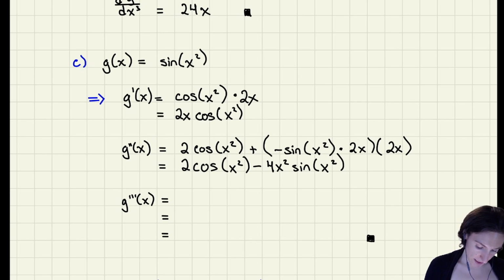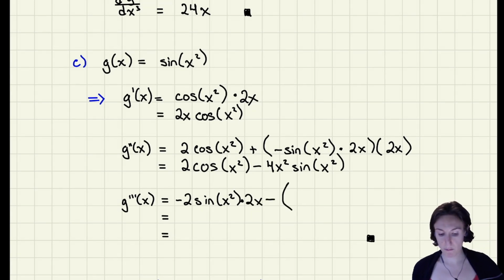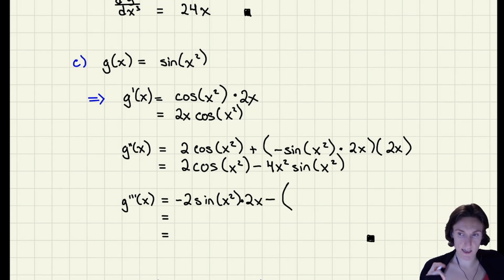This is just going to be 2, the derivative of cos is negative sine, so negative 2 sine x squared times the derivative of the inside, so times 2x. Now I'm going to put minus and do big brackets so I don't mess up signs here.